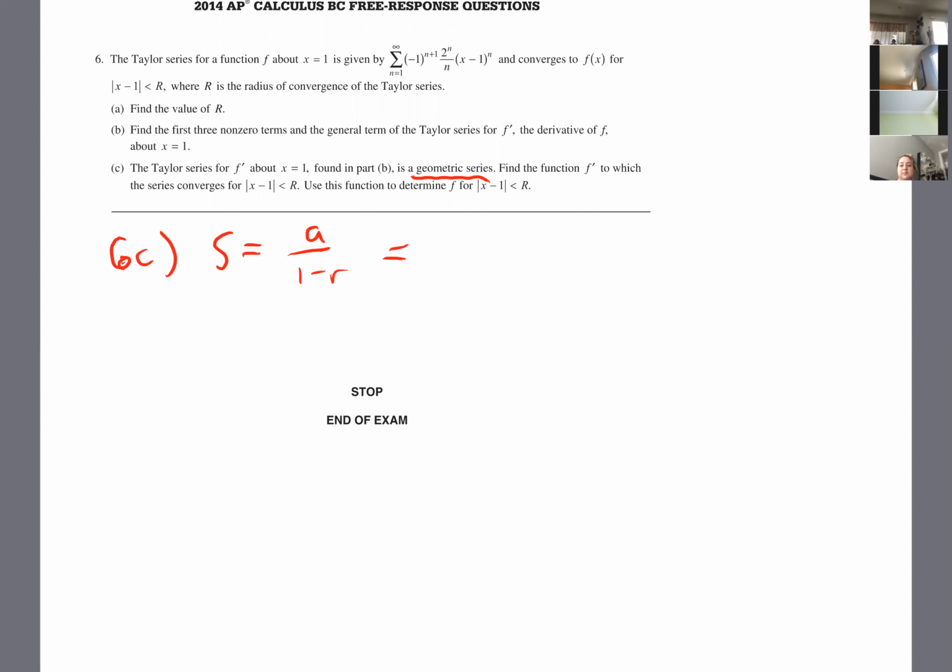So f prime. Whoa. What happened? Why is that so thick? Okay, I'm just gonna do B. What in the world?